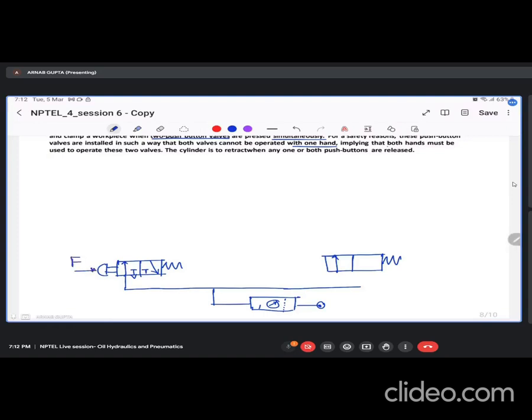So suppose this is activated, so you have this particular configuration, and this one is not activated. Okay, so consequently you will be having this position.